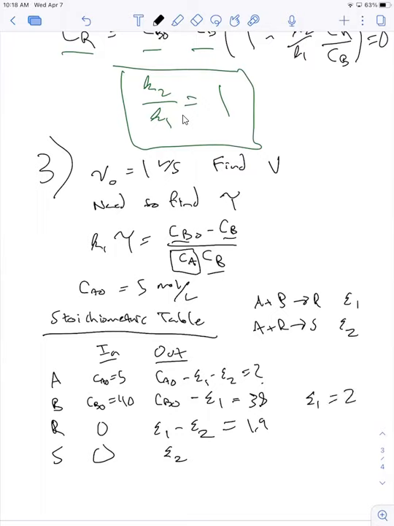And that means our extent 2, from the equation for R, will be equal to 0.1. So now we can calculate CA, which is just 5 minus 2 minus 0.1, so this will be 2.9.